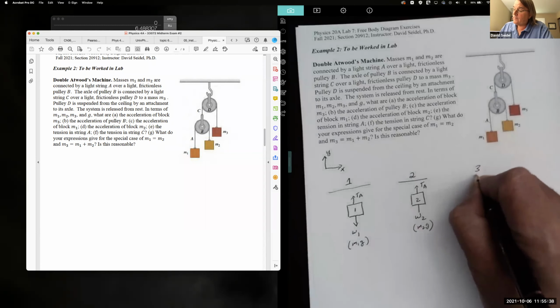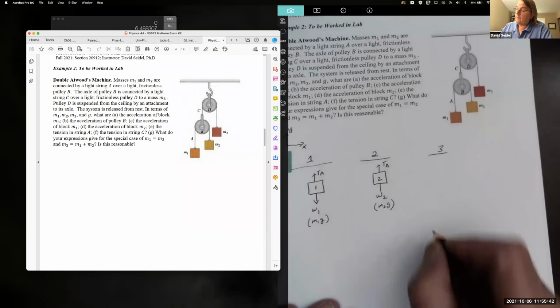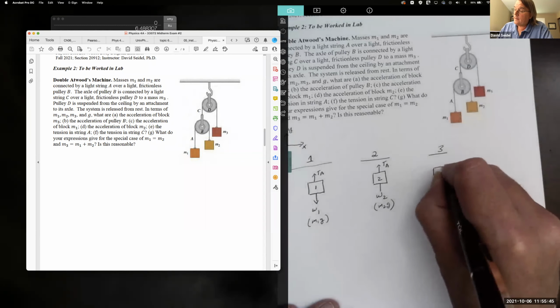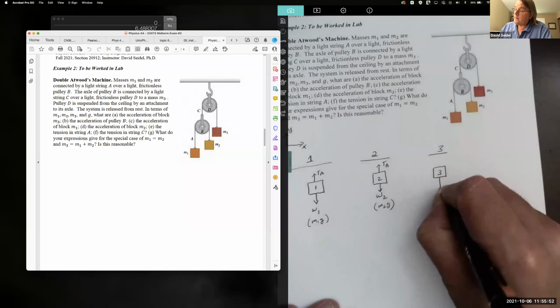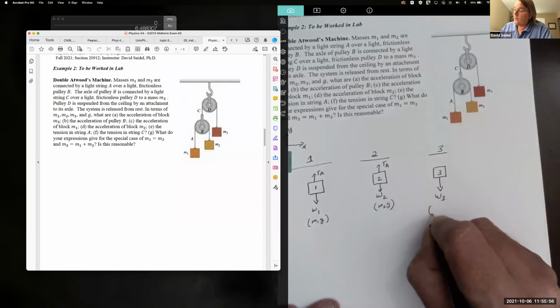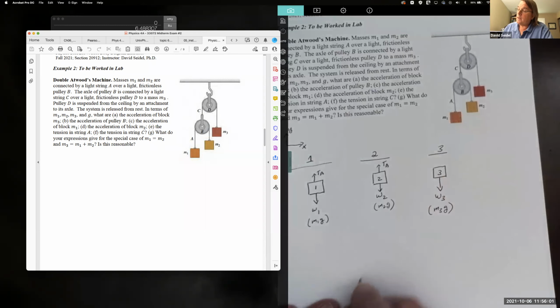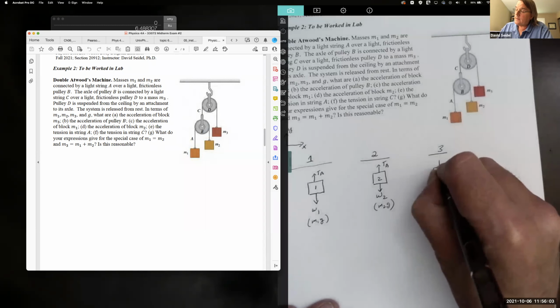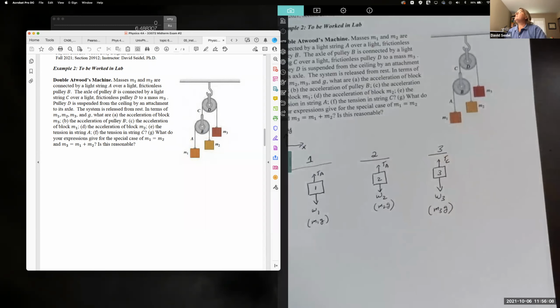Number 3. I've got W3 down, or M3G. And I've got TC up.